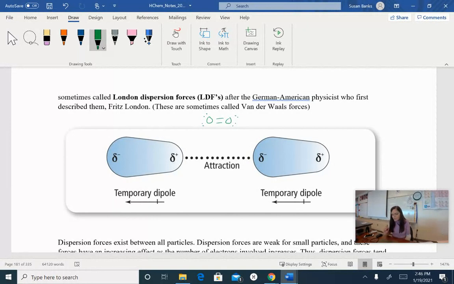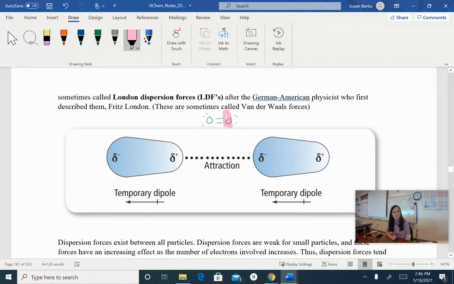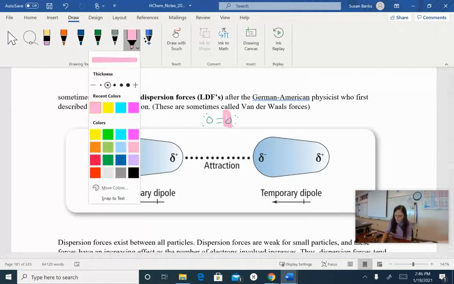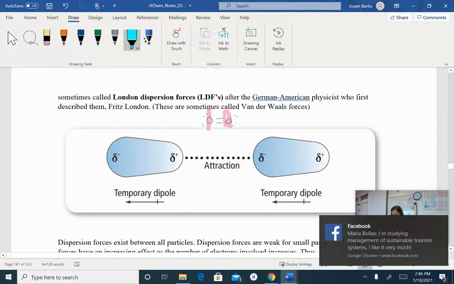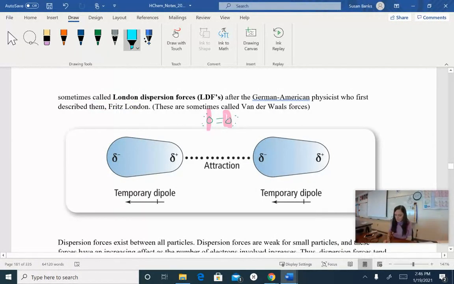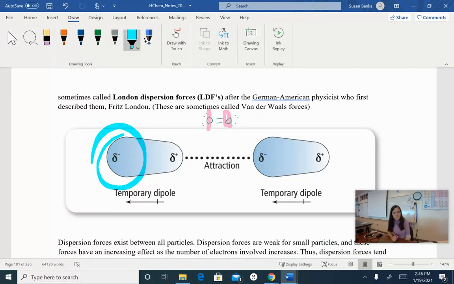Could I not, for a split second, have more electrons over on this side with this double bond than I do over on this side? Yeah, I definitely can. So for a split second, I could have more electrons over here.